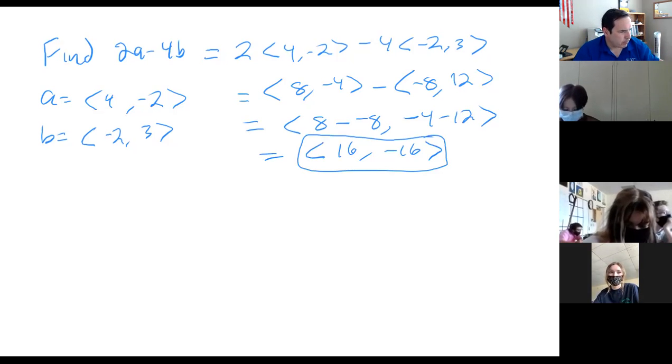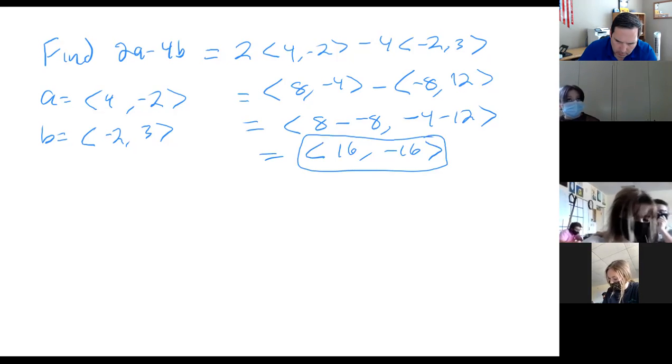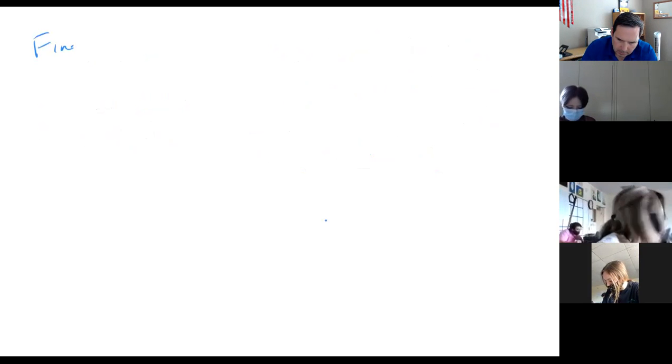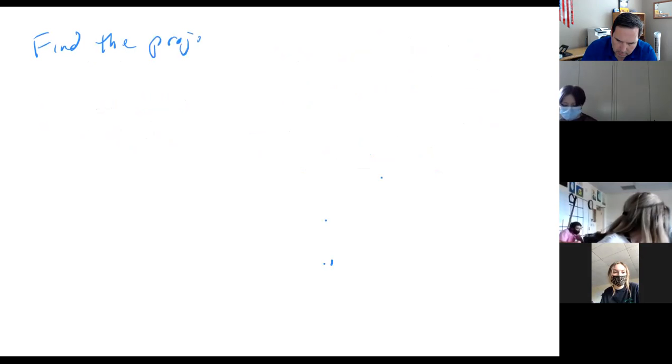My second question is find the projection from B to A. Let me clear off for that one. I'll make another screen. Find the projection of what onto what?